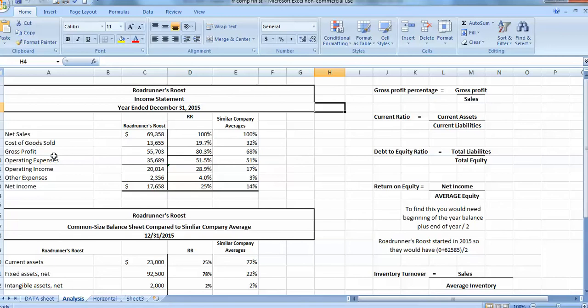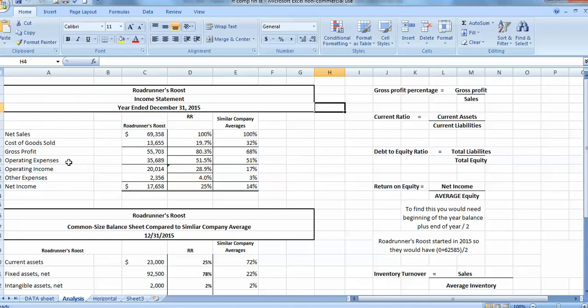This is for a company that sells products, and those products have an expense related to them. So cost of goods sold is an expense account, what it costs us for the products that we sold. When we have our net sales minus the products that we sold, that leaves us with our gross profit. What is left over to continue to fund the rest of our business?